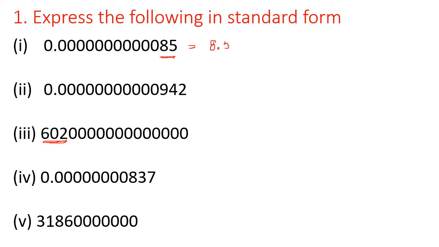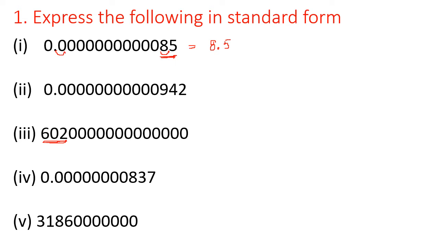8.5, because we have to mention both the non-zero digits and the decimal point comes after the first non-zero digit. So it should come after 8. Now we are moving towards the left, so the decimal place is moving towards the right.